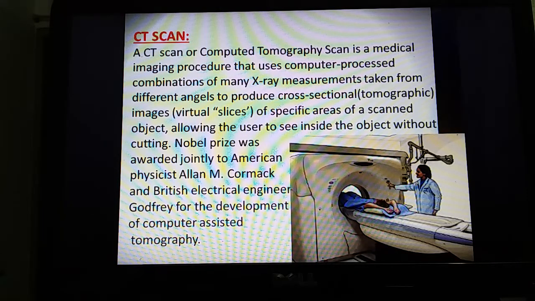In today's class I would like to discuss the CT scan, another diagnosis instrument, and I will also discuss the MRI. These are very important diagnosis instruments.